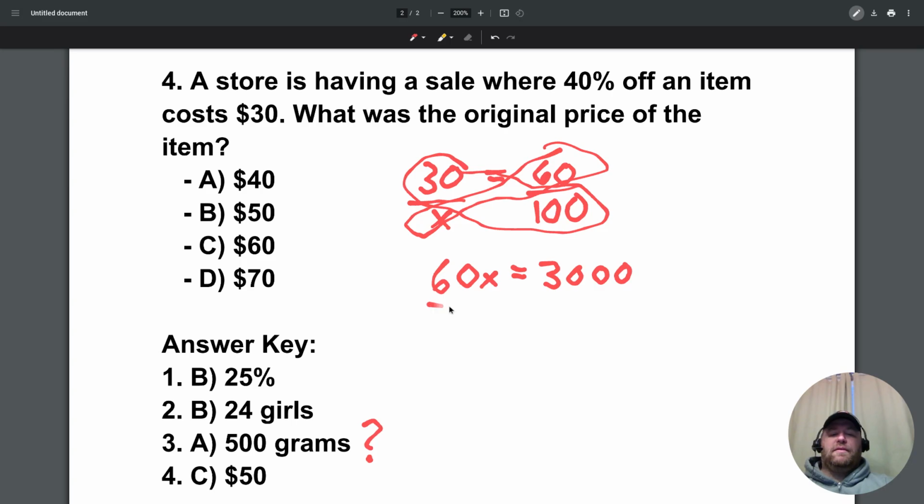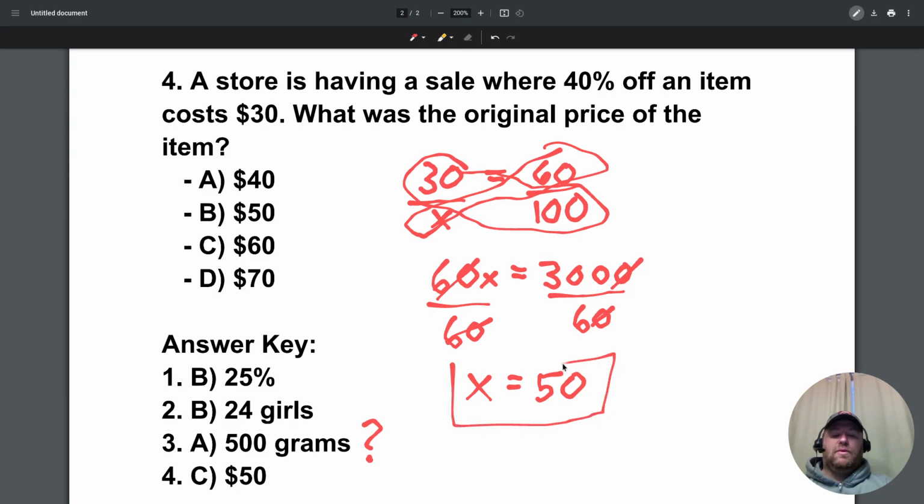Okay, so then to solve it, we divide both sides by 60. These cancel, and we get X equals 3,000 divided by 60. We can cross off these zeros right here. So then we go 60 into 30. That's 5 times. We have another 0, so it's 50 is my solution. Okay, so X equals 50, which would be B right here.